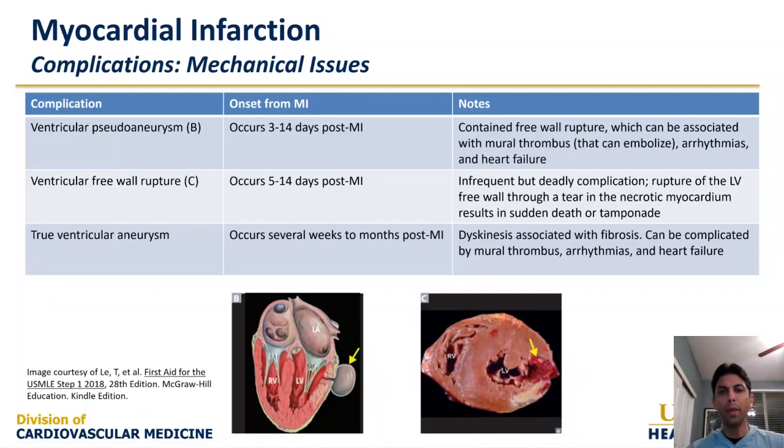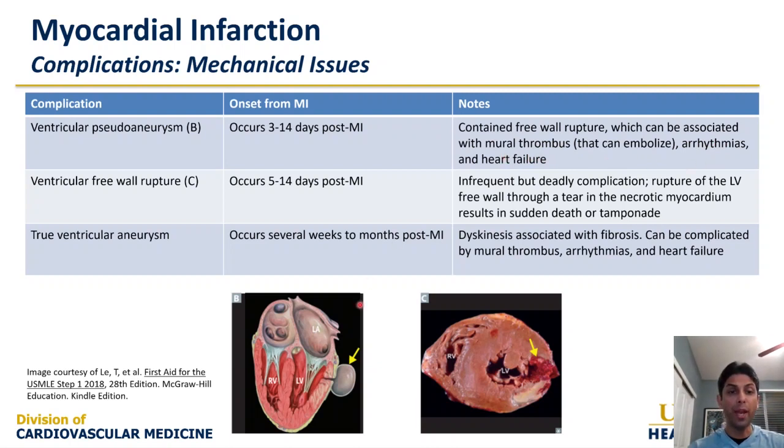Moving on now, in terms of mechanical complications, we have a ventricular pseudoaneurysm that occurs 3 to 14 days post-MI. It is defined as a contained free wall rupture, which can be associated with mural thrombus that can embolize, arrhythmias, and heart failure.